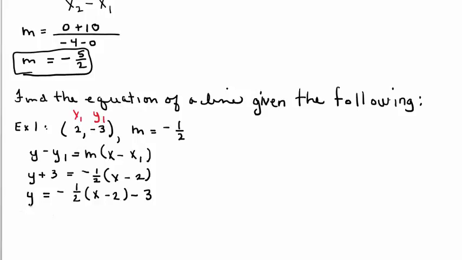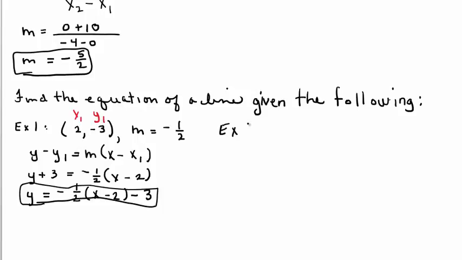Actually, I like to leave the answer just like this, because I can identify that in the transformational form of the equation of a line, positive 2, negative 3 is a point on the line. You've done transformations before. You can identify 2, -3 as a point on the line and identify that the slope is -1/2.